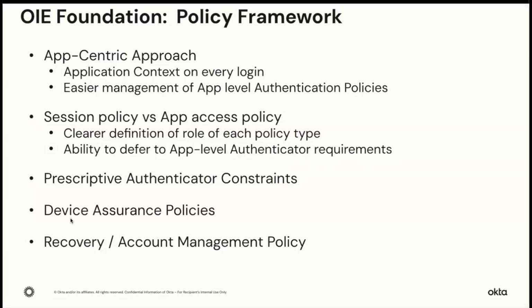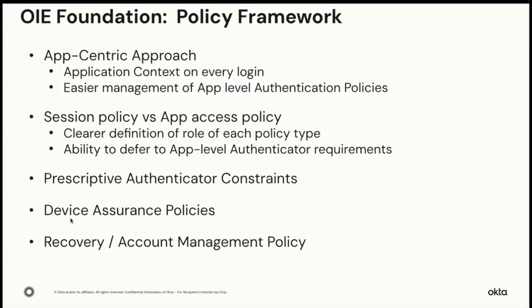You also have a lot more device context. And you can create device assurance policies around that additional device context and reference those within your authentication policies. So you can define a device assurance policy that says, for all of my Macs, it has to be a minimum of this operating system version.